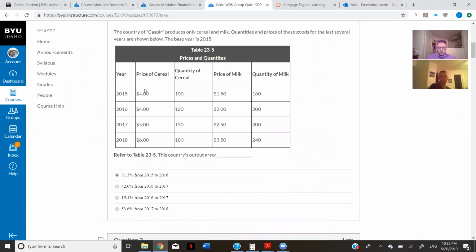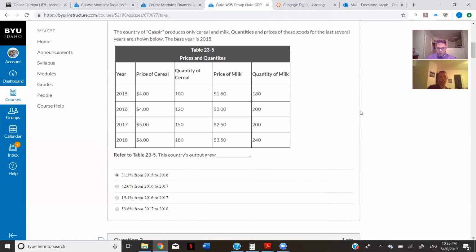So if you do 4 times 100 plus 1.5 times 180, you get whatever that number is. And then you do $4 times 120 plus $2 times 200. And then you divide the 2016 total by the 2015 total, which gives you a percentage of 1.313. So it's a 31% increase.